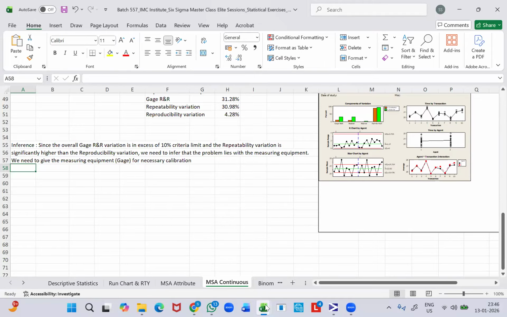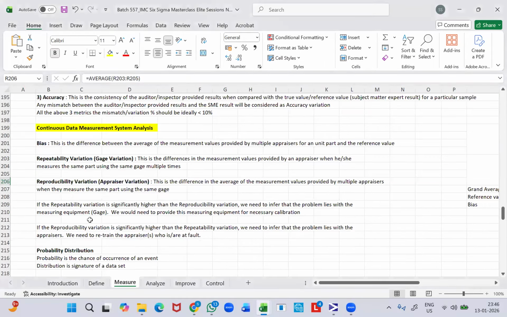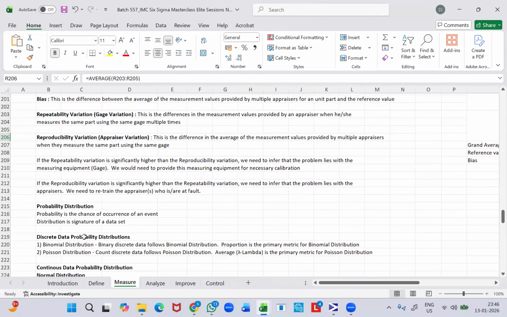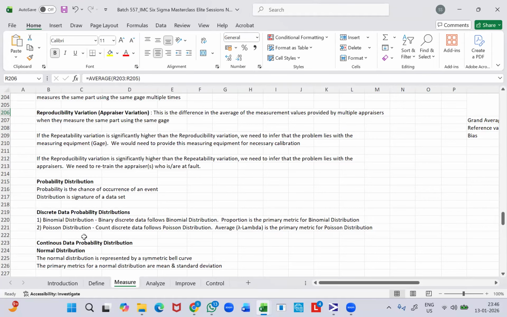Fine. So as I told you, just get introduced to the probability distributions, but then we will look at this particular concept in detail tomorrow. So probability distribution, again, we are going to restrict our learning to only those which are required as part of the Six Sigma curriculum.